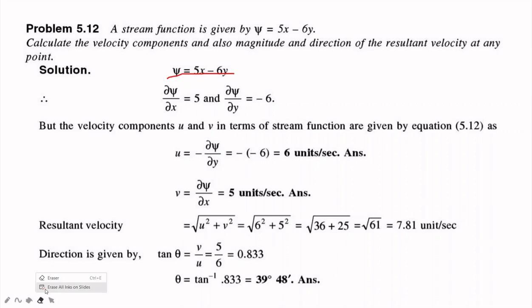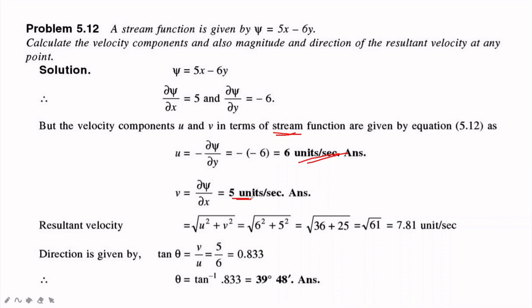With respect to x, dou psi by dou x is 5, and dou psi by dou y is minus 6. For the velocity components u and v, whenever you do a problem with stream function, we have to use the formula for stream function only. So u is the negative derivative of dou psi by dou y, so it's minus 6 units per second. v is dou psi by dou x, so 5 units per second.